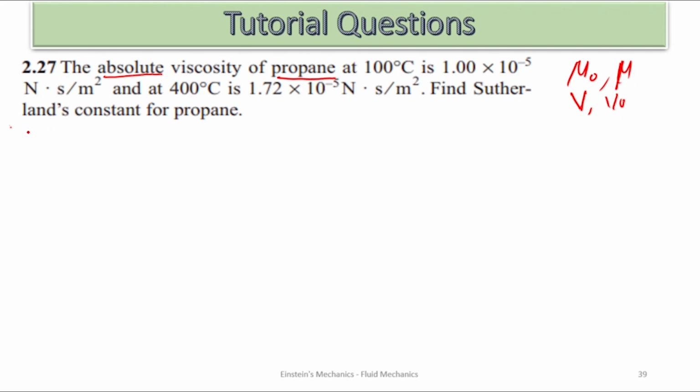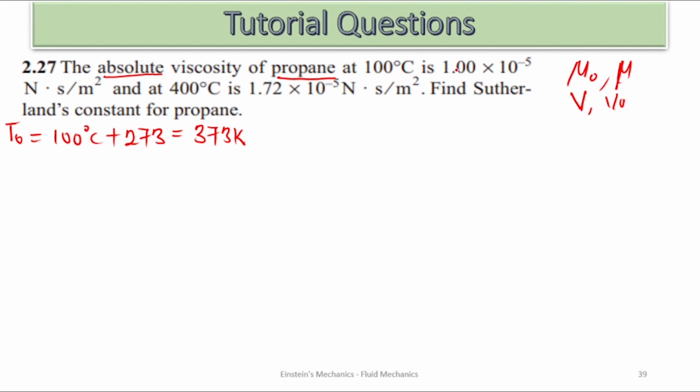So first, I'm getting my temperature T naught to be 100 degrees Celsius. So to Kelvin, plus 273, and that is giving me 373 Kelvin.